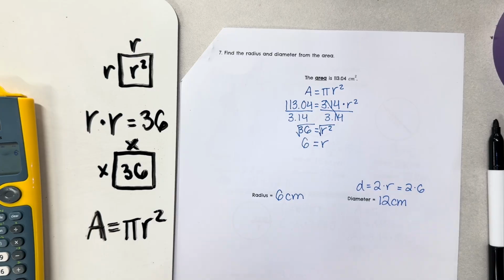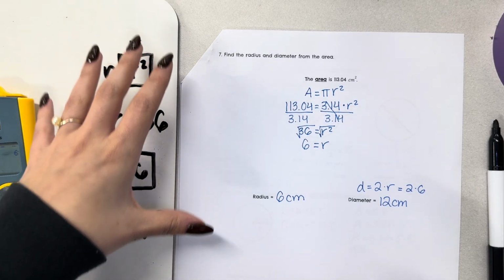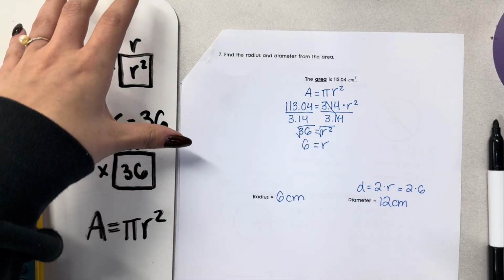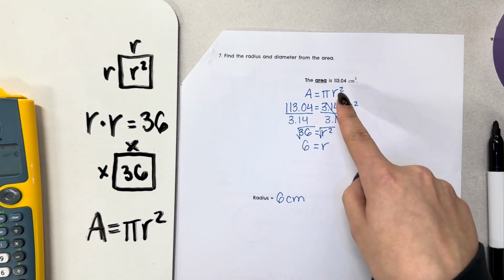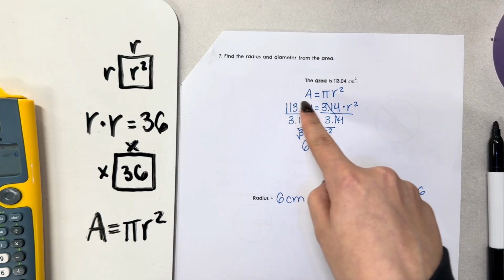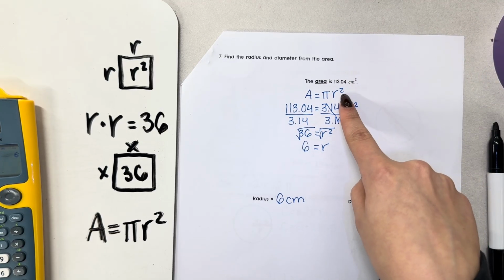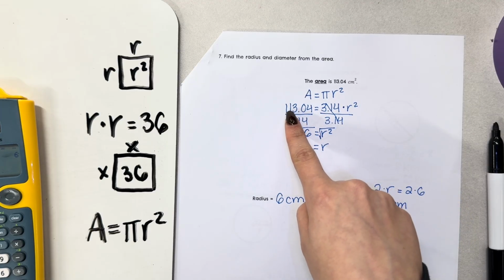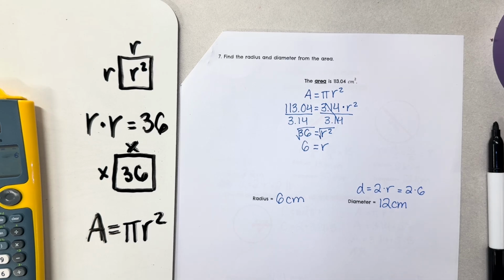Okay, so this was just to explain what's actually happening, but I just want you to understand, all you've gotta do is figure out your area formula. There's just one, so you're gonna use that one. You're gonna plug in 113.04 for your area, or whatever your area is.